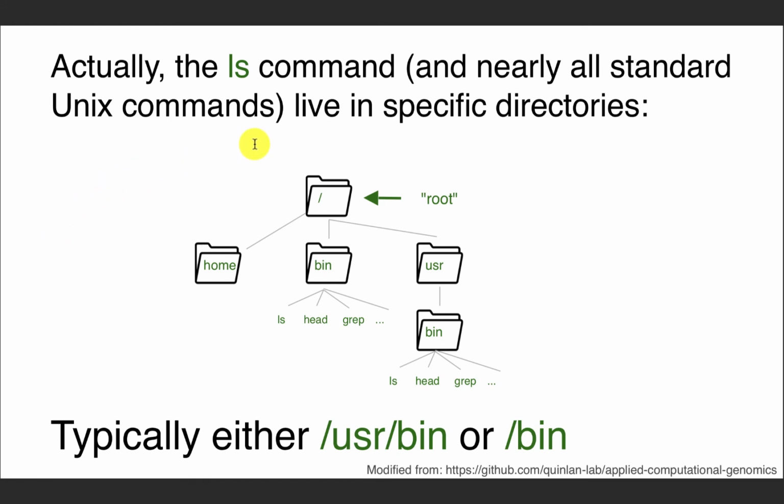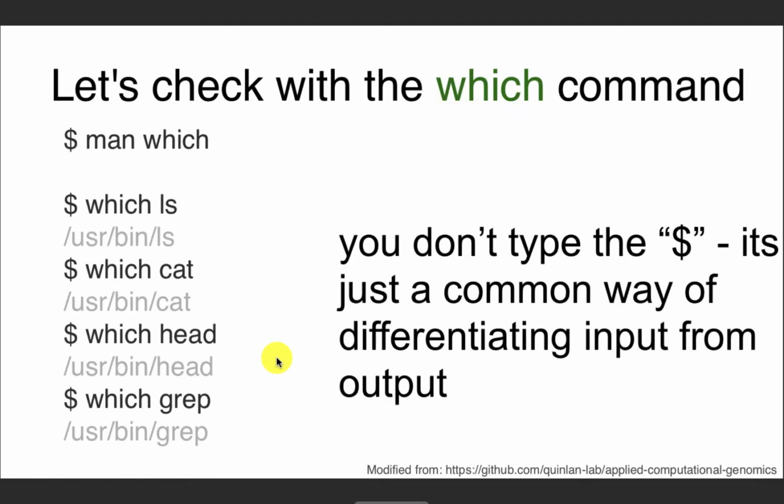Kind of a typical architecture is below the root one level, there will be a bin folder where very important things are, like ls, head, grep. There will also be typically a second bin directory within the user directory as well. So oftentimes there will be multiple places where some of these commands could pull from, and they'll just pull from the first one they run into that's workable.